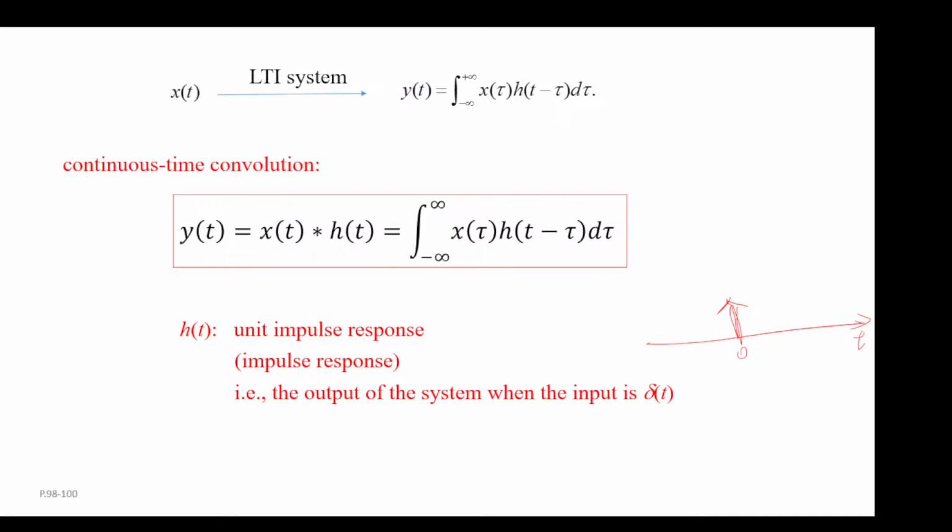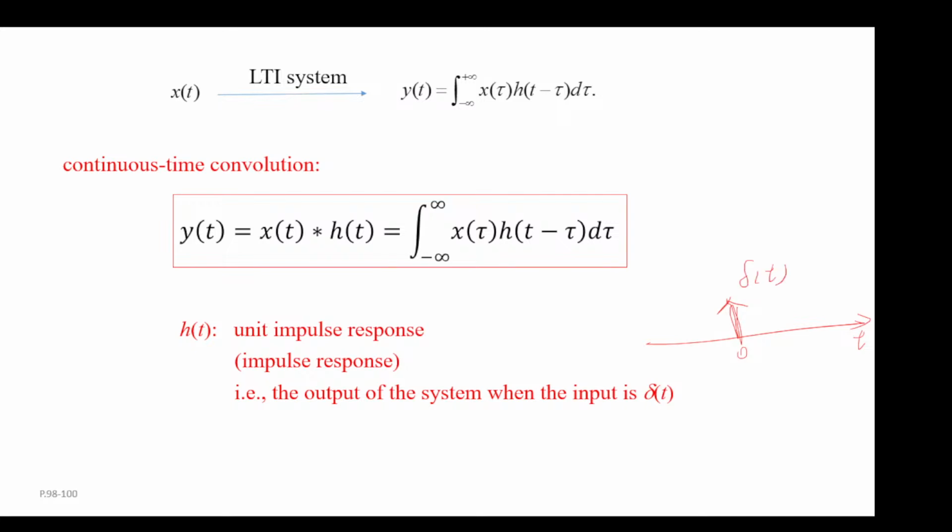We say the height is 1 here, but the height is really infinite, and we think of this function as having area 1. If we integrate through it, it has area 1. That's the delta function, delta of t.